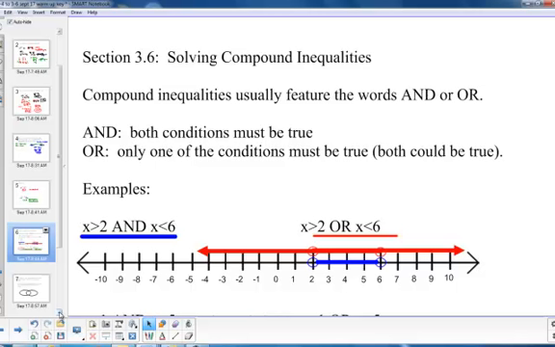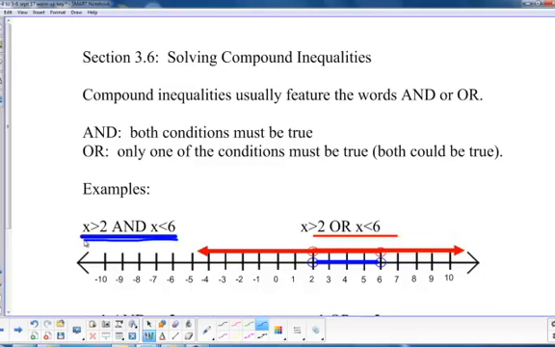All right, compound inequalities are "and" or "or." "And" means both things must be true. So if we needed to graph x is greater than 2 and x is less than 6, this is the place right here where both of the shadings are occurring.